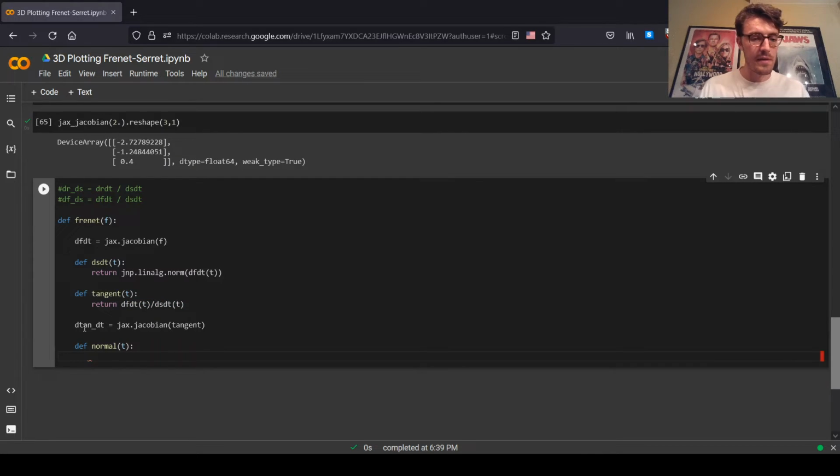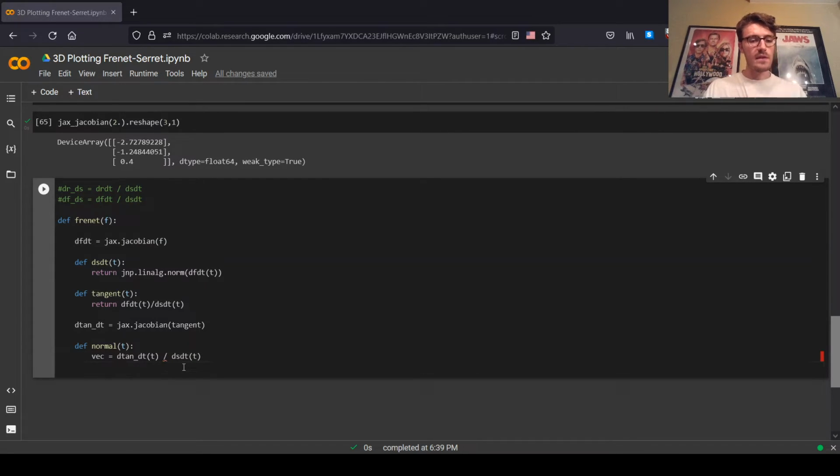And when we're using this d tan dt, we're going to need to divide by the magnitude of the vector, using that linear algebra to normalize the vector. So let's just call this vec, store a vector in there, and then we'll use our d tan dt evaluated at t, and here's where we'll just divide by the ds dt again.